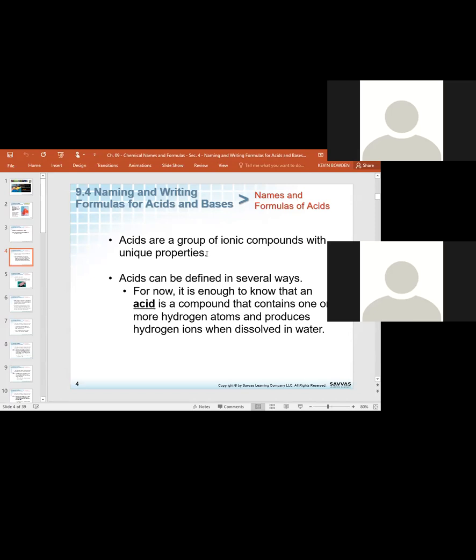And the idea there is that they will make hydrogen ions when dissolved in water, and I've already said that. And later on, in the school year, we may get to other definitions of acids, but just what I've said so far and what it says on the slide here, they provide a hydrogen ion.